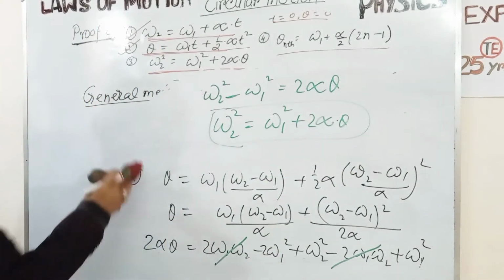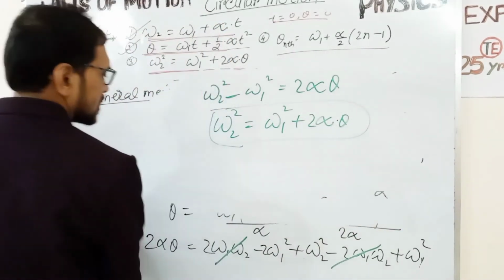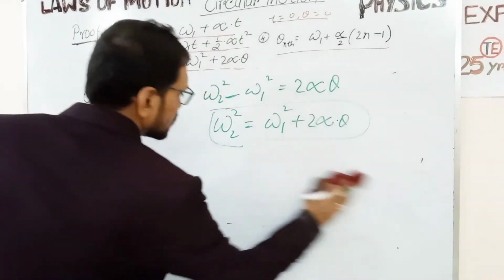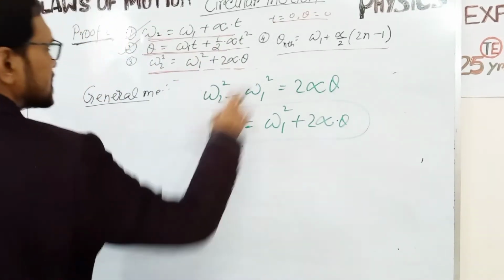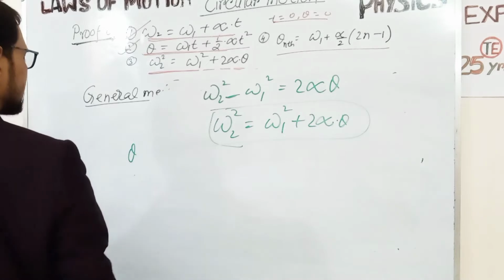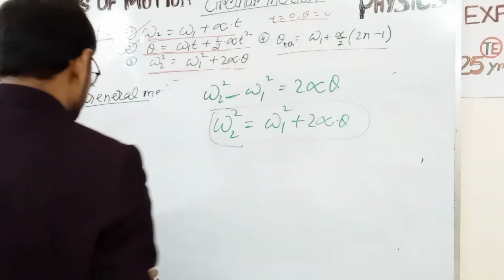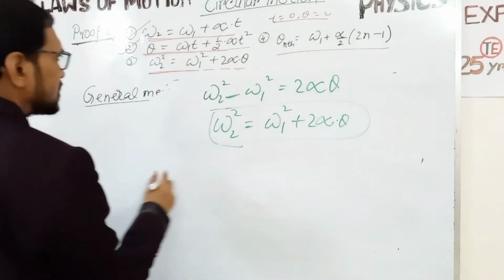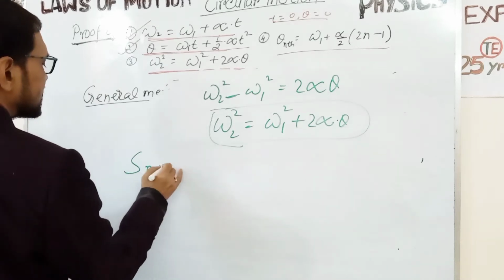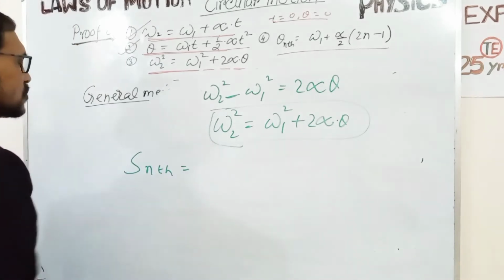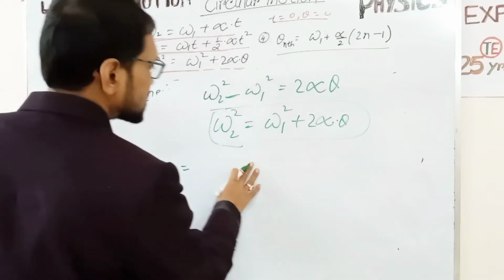Now we are going to prove the fourth equation. Equation 4, theta nth. Like in linear motion, in kinematics, Sn equal to the distance covered in the last 1 second.